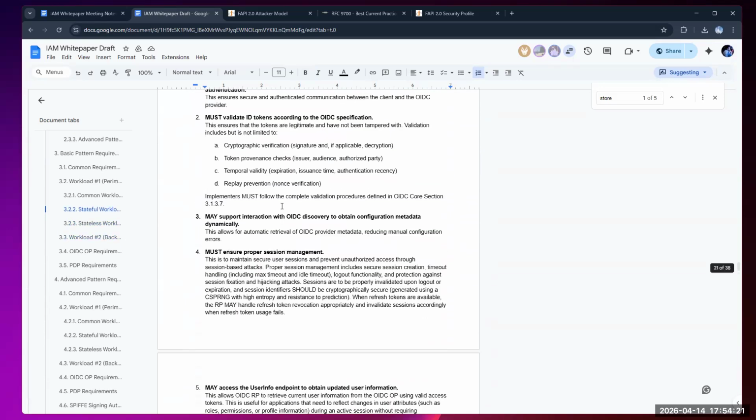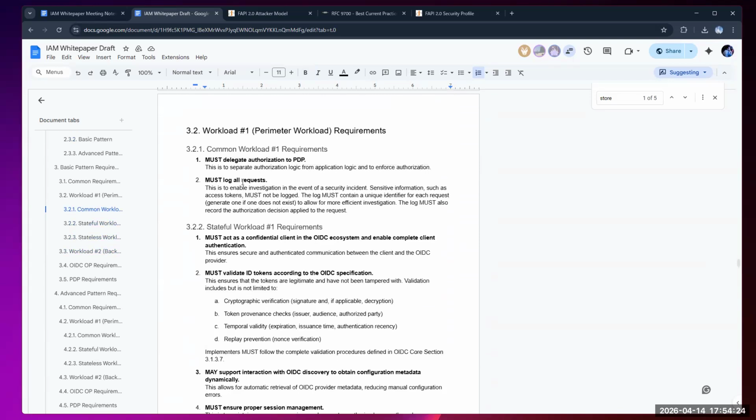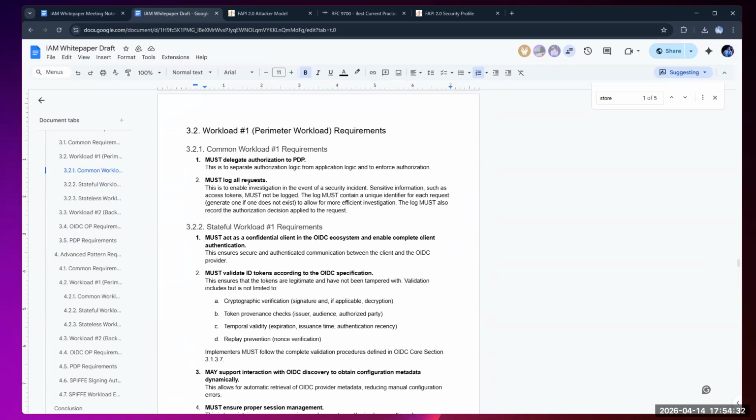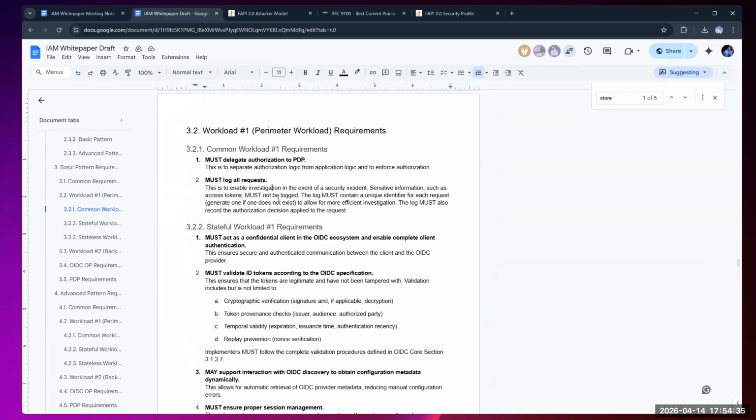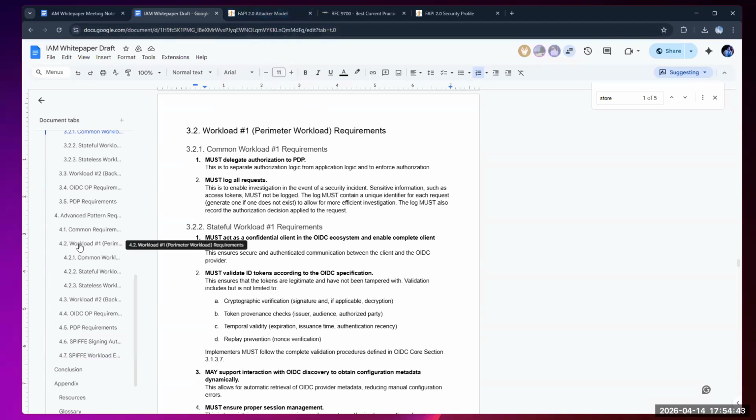And workload 1: "must log all requests and sensitive information not be logged." Yeah, maybe this covers that kind of thing.